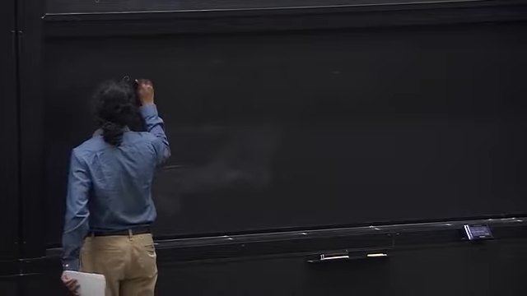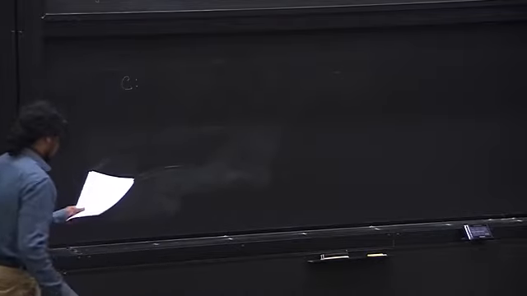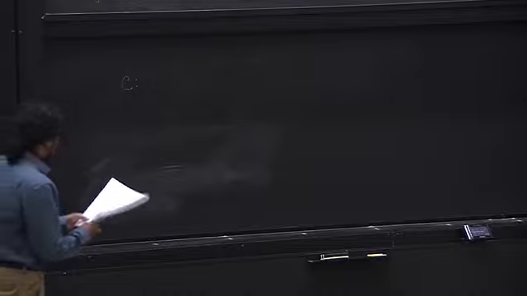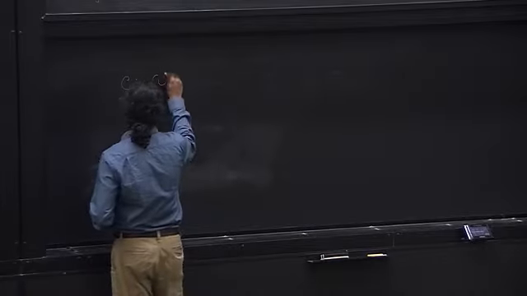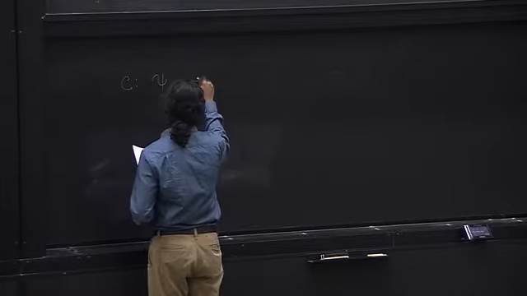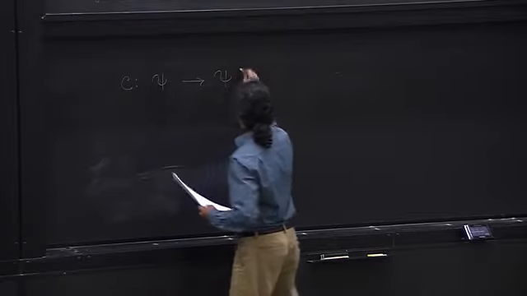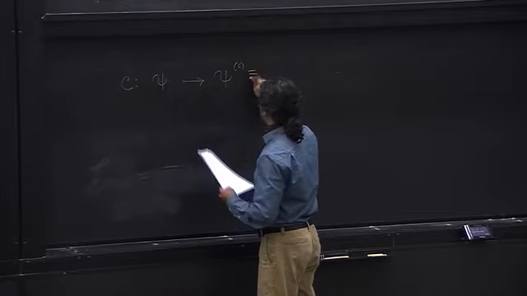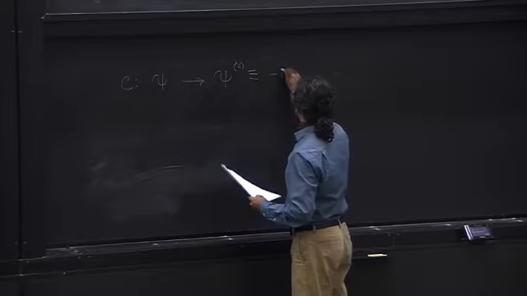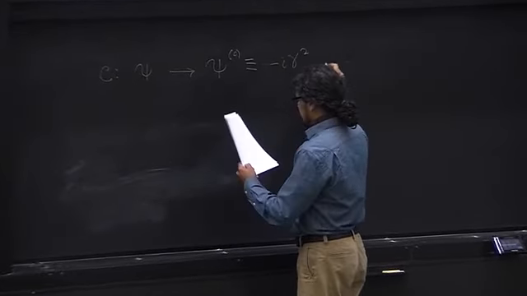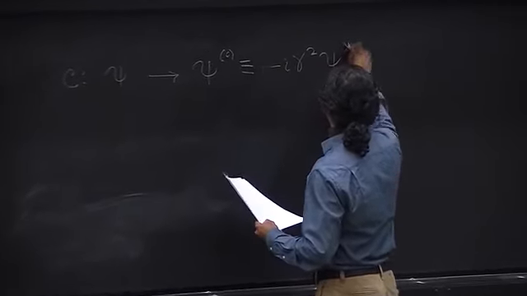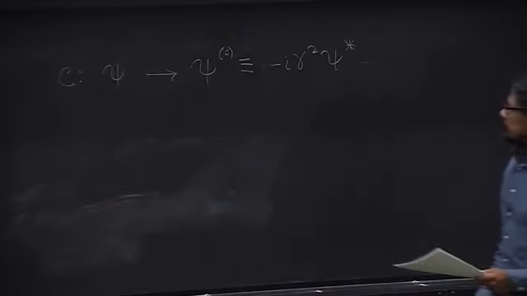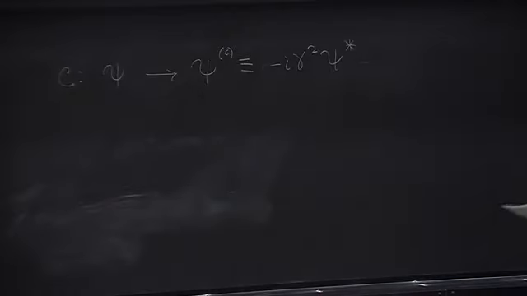To derive a Lagrangian for the Majorana spinor, we need to introduce the action of charge conjugation. In a tutorial next week, you will see that under charge conjugation, a Dirac spinor goes to its charge conjugate, which is defined by this thing. So you take the complex conjugation and multiply by something proportional to gamma 2.